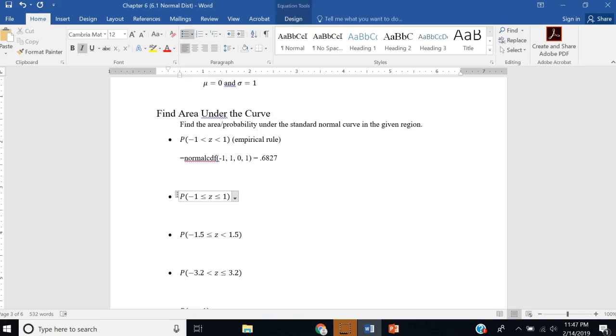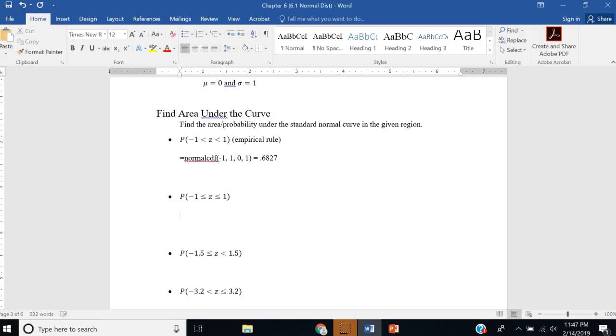Now, the next problem says, what if we included the -1 and the +1? It turns out that whether we include the -1 or we don't, our typing in is going to be exactly the same. -1, 1, 0, 1.